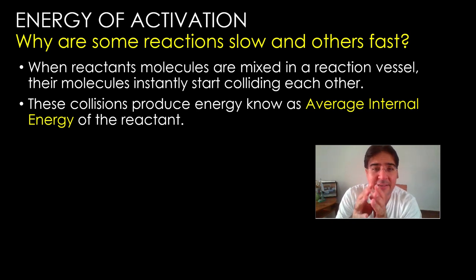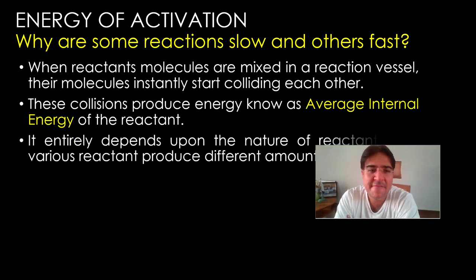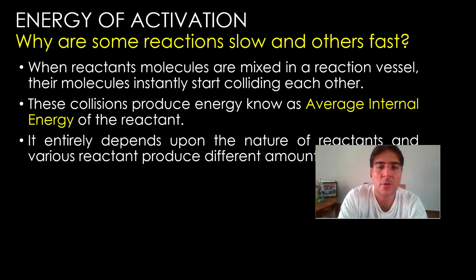Sometimes the reactants are very favorable for each other, they have good chemistry, they collide a lot and produce a lot of energy. Sometimes they don't. So it depends upon different reactions and how compatible the reactants are with each other physically and chemically.